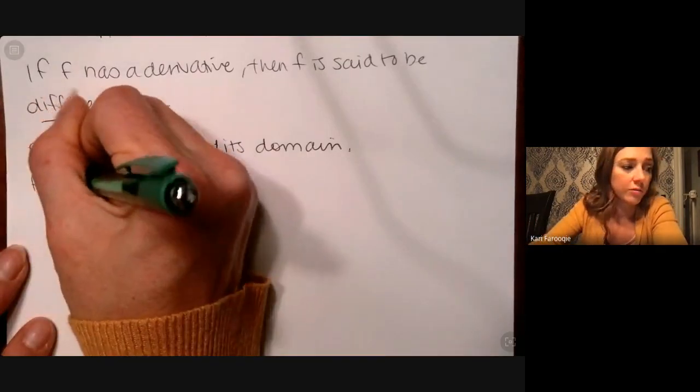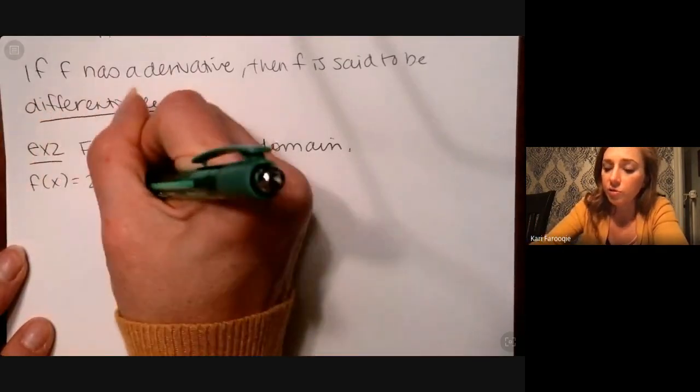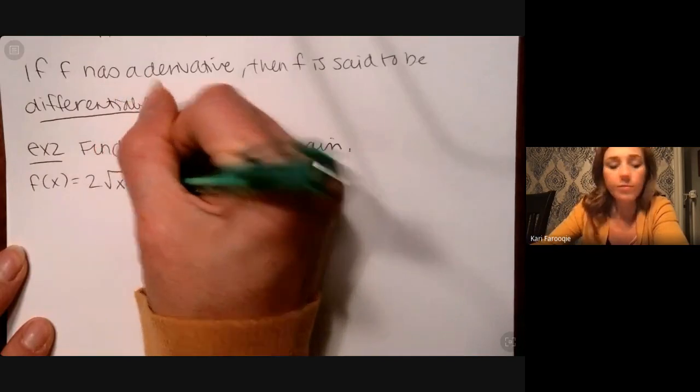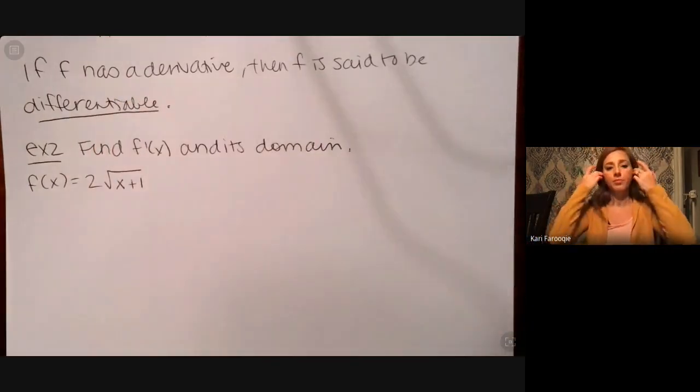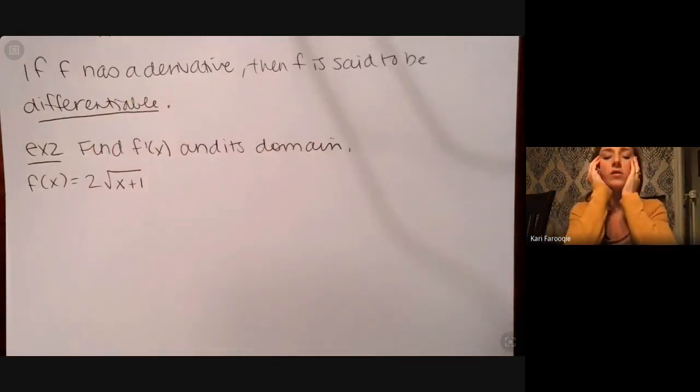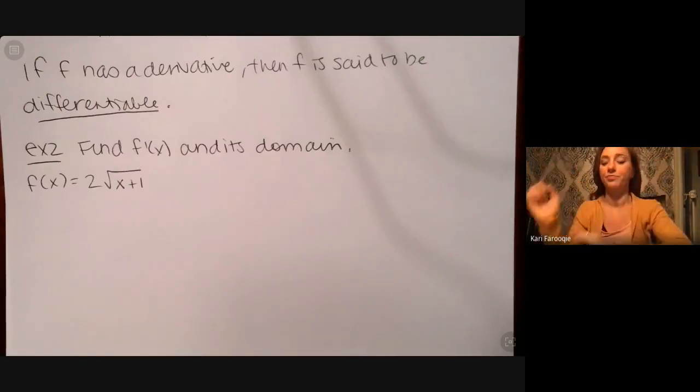F of x is twice the square root of x plus 1. So I'm giving you a function f of x, and what we're going to do is find f prime of x. And f prime of x is giving us a general formula for the derivative that we can use to find the derivative at any given point we'd like.